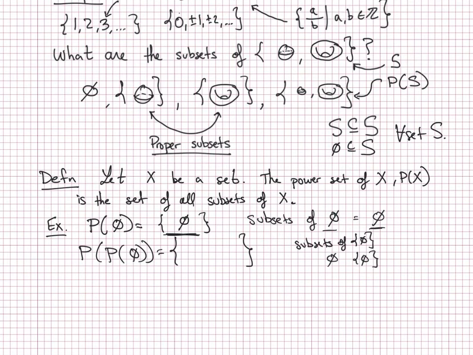So the empty set is a subset here, and the set containing the empty set is also a subset. So we have to get inventive with the number of brackets that we have. So it's going to be the set containing the empty set and the set containing the set containing the empty set. And you can continue this as much as you want. If you have fun or out of boredom, you can do some more examples, do a couple more iterations.